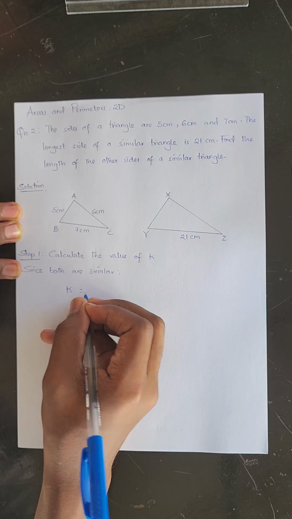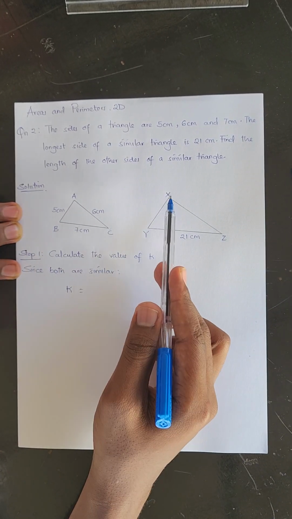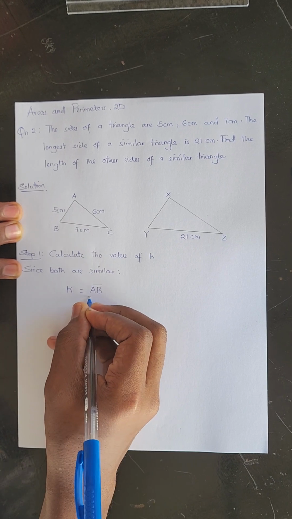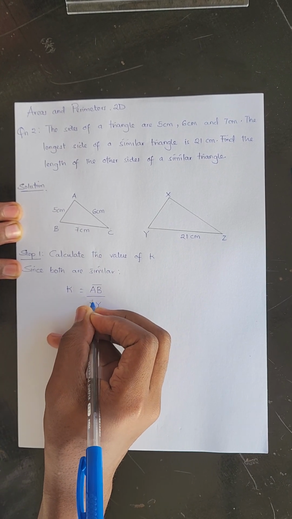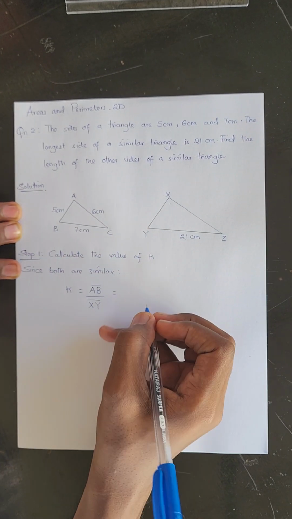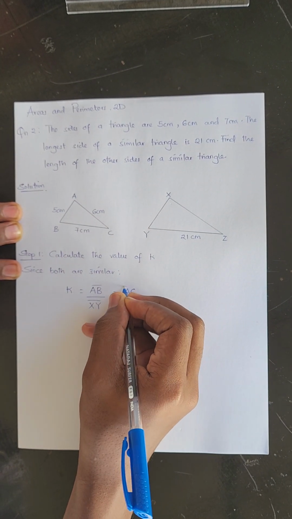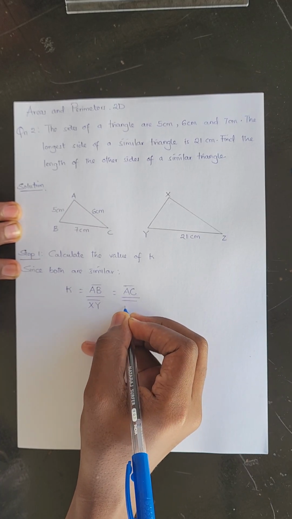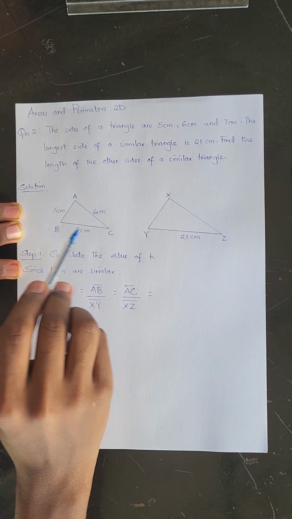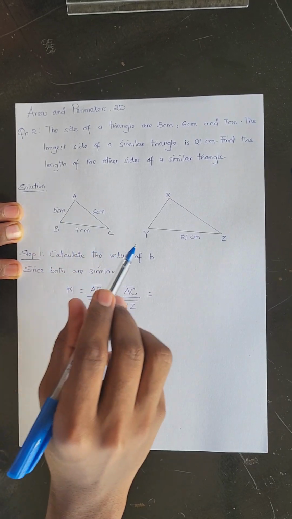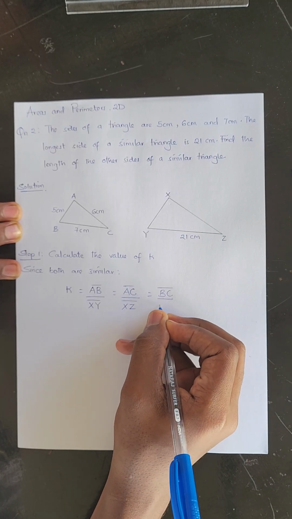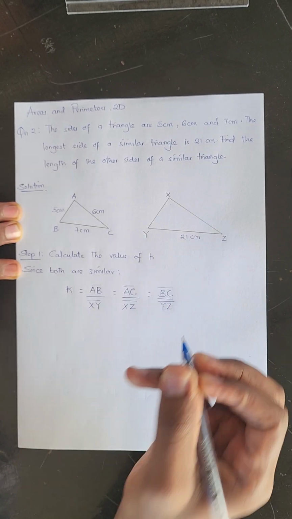K will be equal to AB over XY, which will be equal to AC over XZ, which will also be equal to BC over YZ.